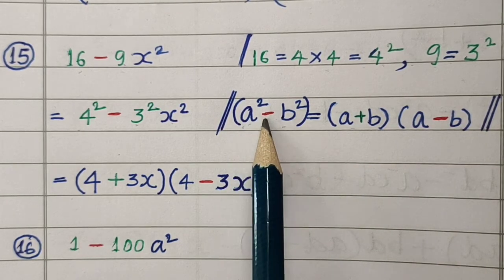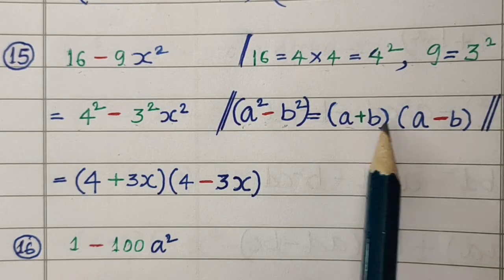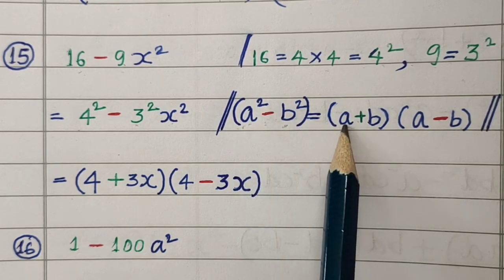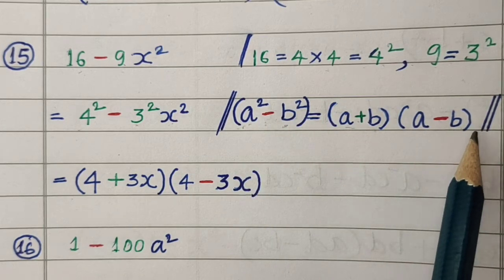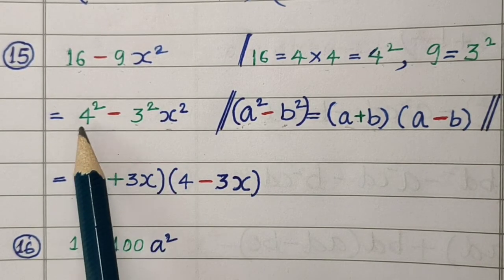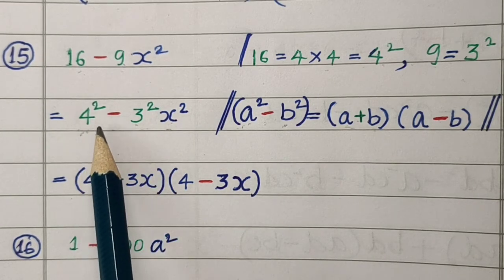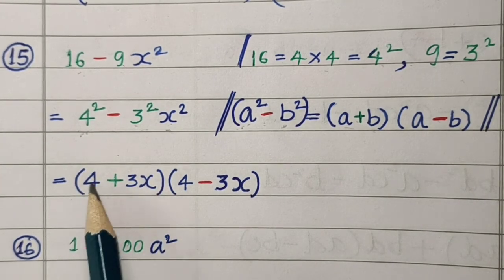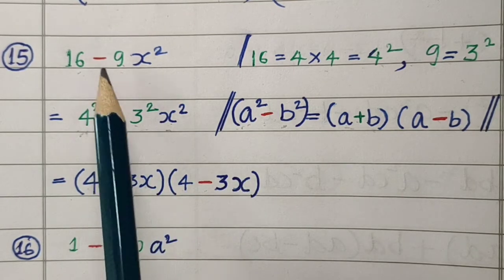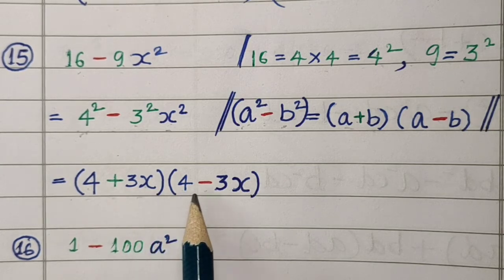In place of a we have 4, in place of b we have 3x. Therefore this can be written as 4 plus 3x into 4 minus 3x.